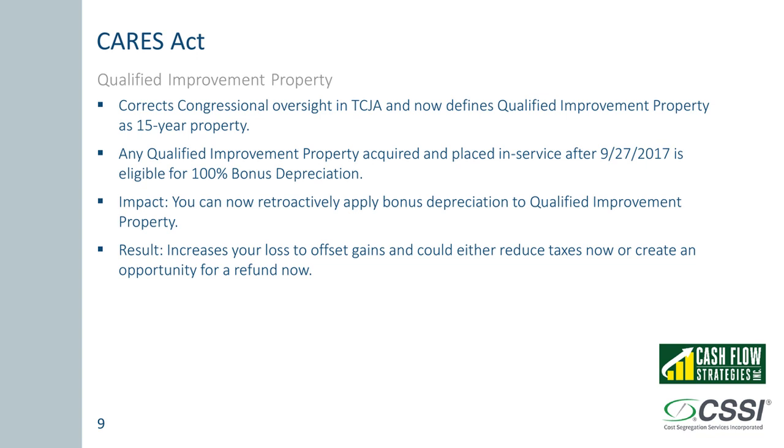And you can go back and retroactively apply that bonus depreciation for any qualified improvement property, and it increases your loss to offset your gains that could either reduce your taxes now or create an opportunity for a refund now if it's sizable enough.